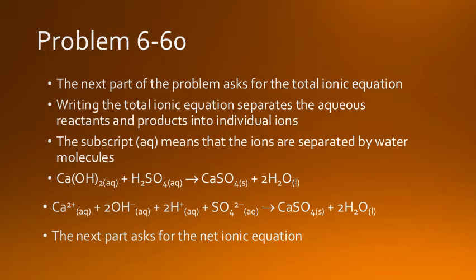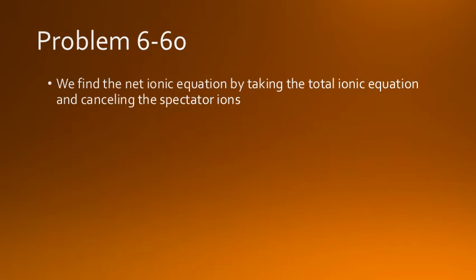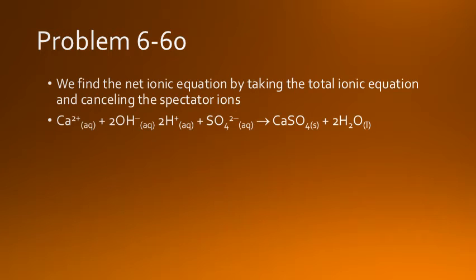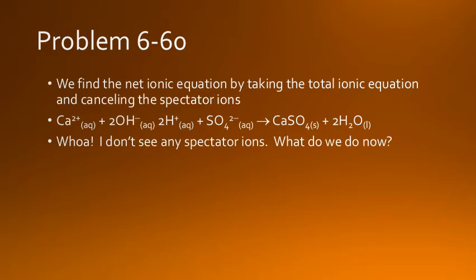We find the net ionic equation by taking the total ionic equation and canceling the spectator ions. The spectator ions are exactly the same on both sides of the arrow. There is our total ionic equation. I'm looking for the exact same species on both sides, and I don't see any.